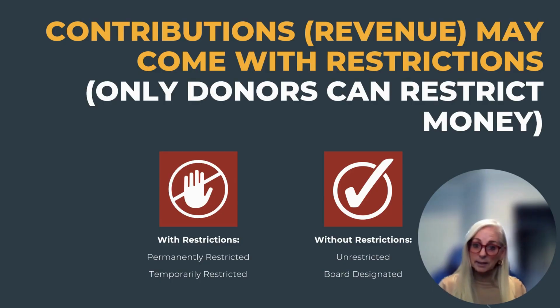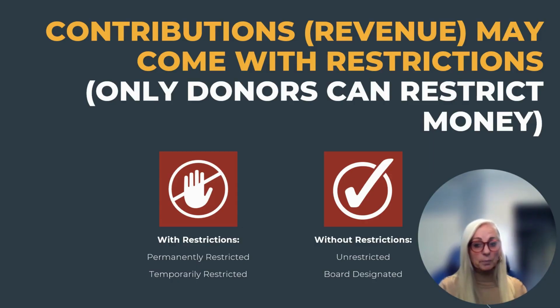As we discussed in the last video, donors can give contributions either with restrictions, where they want you to do something specific with that money, or without restrictions. Here's $50, here's $100. Do whatever you want with it.